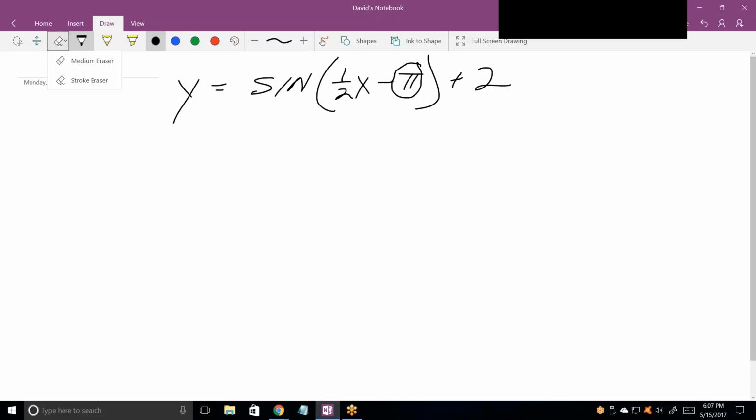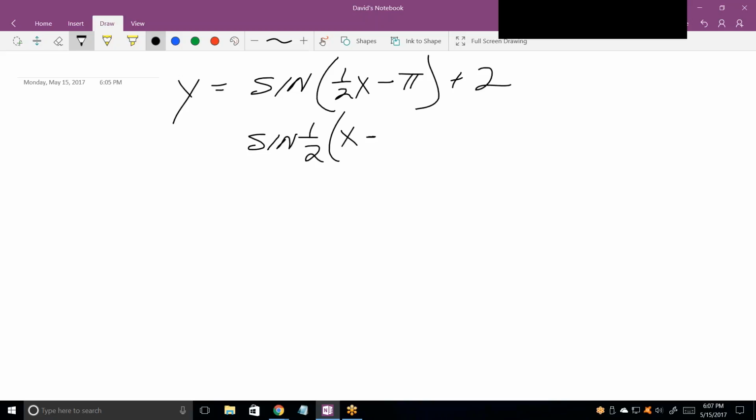Then I can call that the phase shift. And basically what the phase shift is going to be is this c divided by 1/2. In other words, if I factor out that 1/2, is that not what I get?